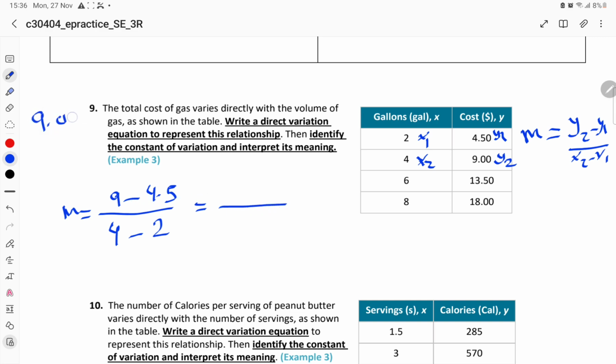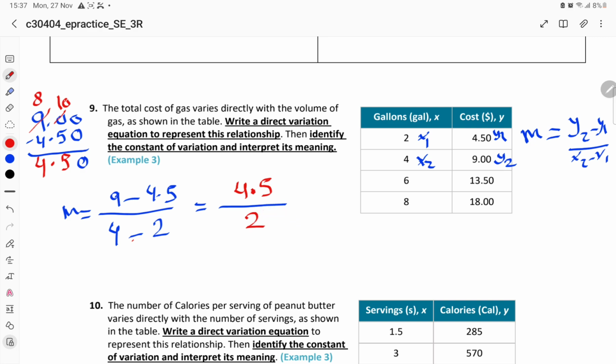What is 9 minus 4.5? 4.5 is the same as 4.50. 0 minus 0 is 0. 0 minus 5 can't, so borrow: 10 minus 5 is 5. Decimal as it is. 8 minus 4 is 4. So it is 4.50 or 4.5. 4 minus 2 is 2.